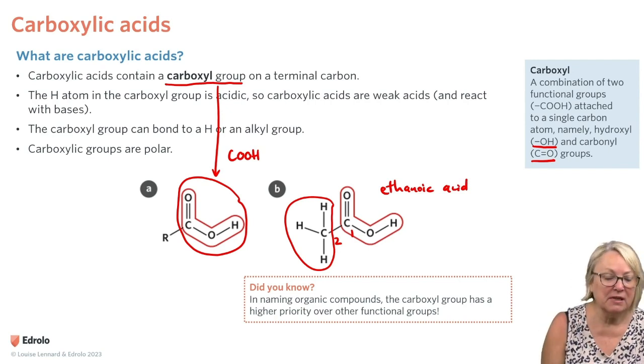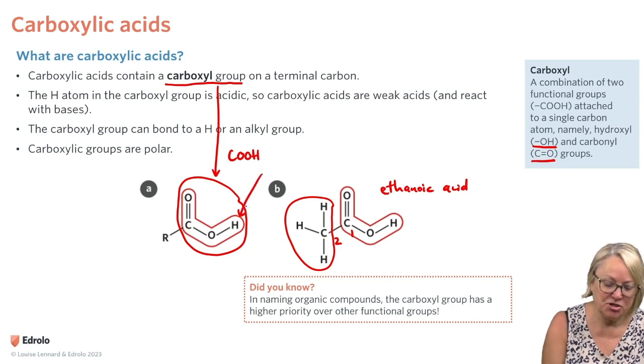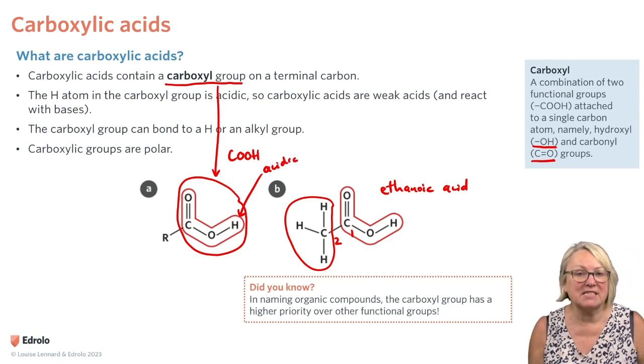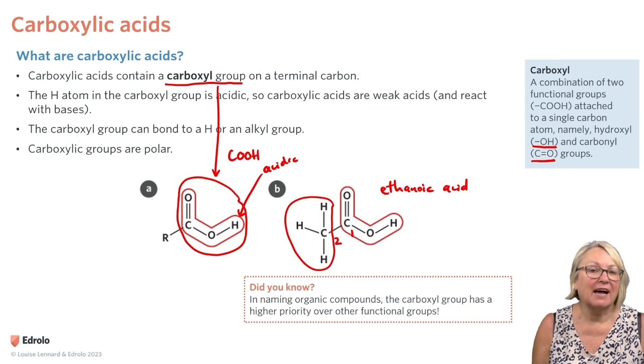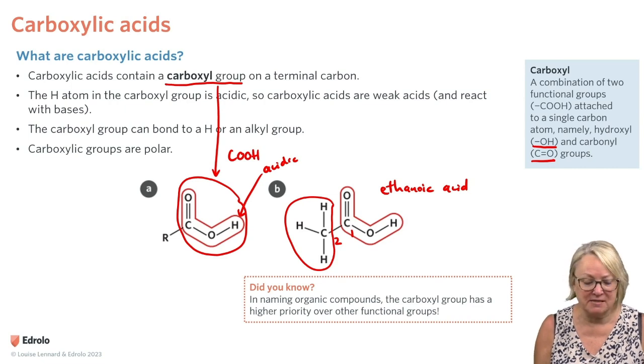So importantly, as far as reactivity goes, this hydrogen atom in the carboxyl group is acidic. That means that carboxylic acids are weak acids, and we know acids react with bases. So carboxylic acids will also react with bases.